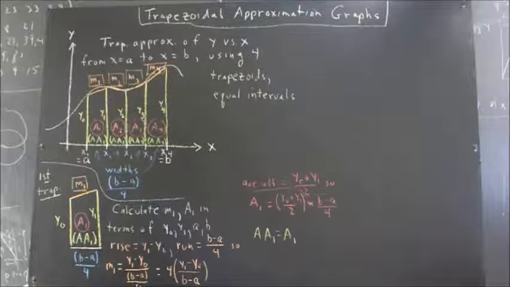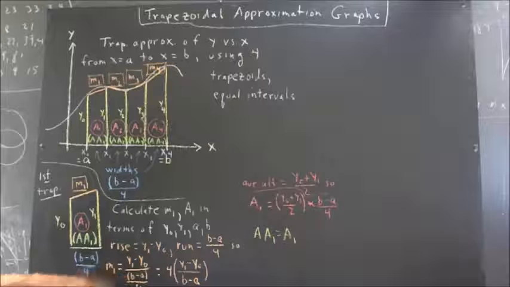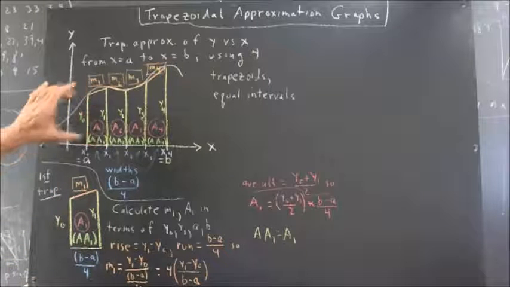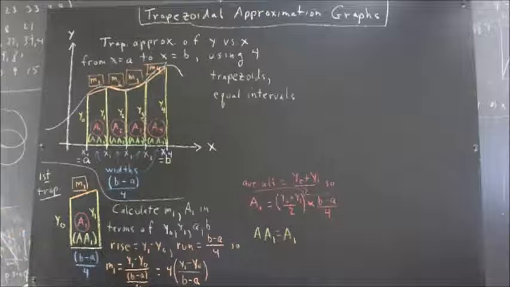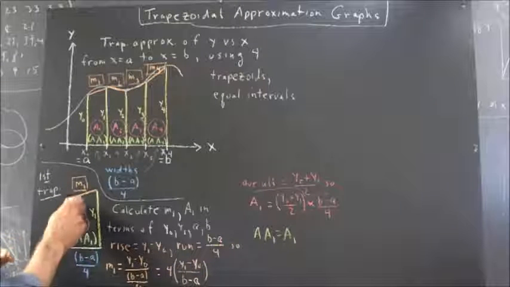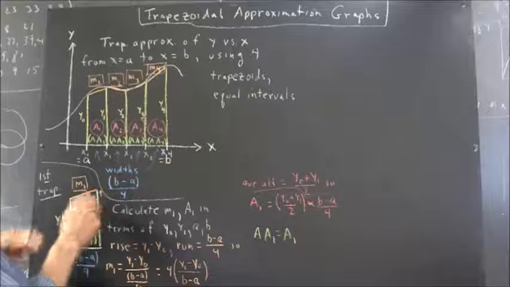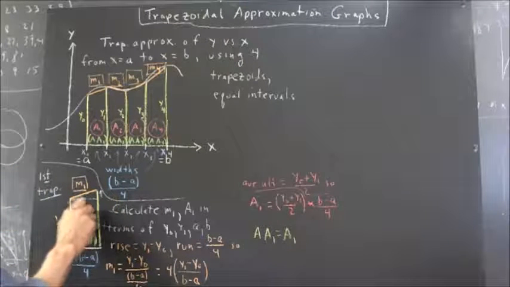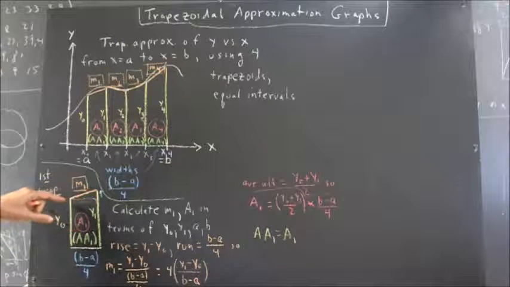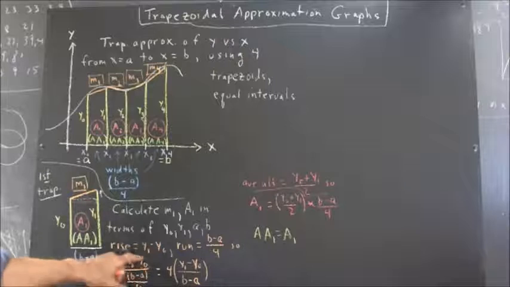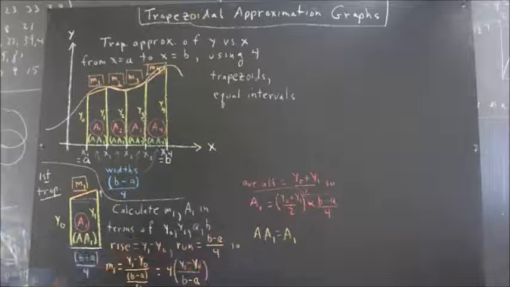Okay, well, we want to calculate the slope, so we first do the rise, which is just going to be y1 minus y0. And, of course, we can indicate that here as we've done in the past, and here's our rise. And here's our run. Run is equal to the width, rise is the change in y from here to here. It's y1 minus y0. The run is the width, which is b minus a over 4.